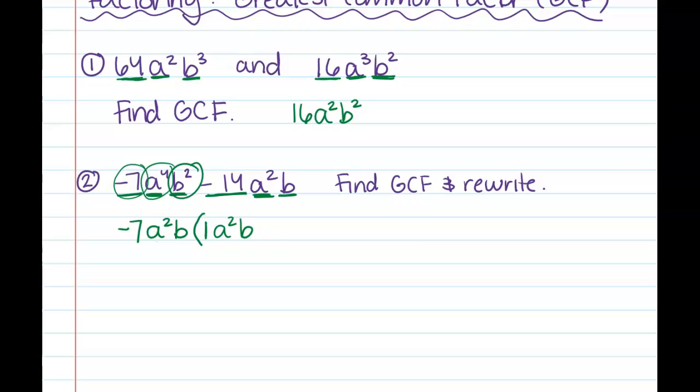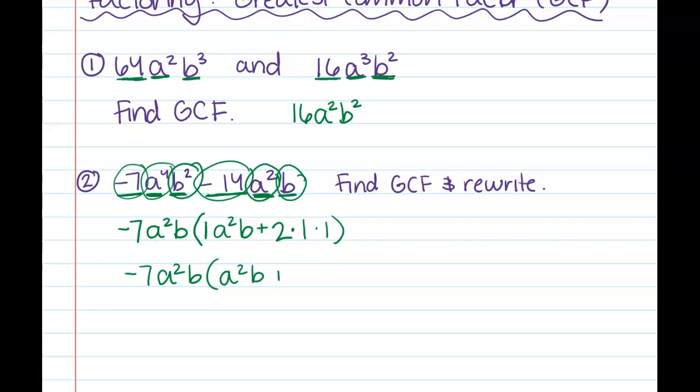Then negative 7 times what equals negative 14? That's a positive 2. A squared times what equals a squared is 1, and b times what equals b is another 1. So if we rewrite this, we have negative 7a squared b, and I can drop all the 1s because I don't need them: a squared b plus 2. So we took out the GCF and rewrote it in factored form.